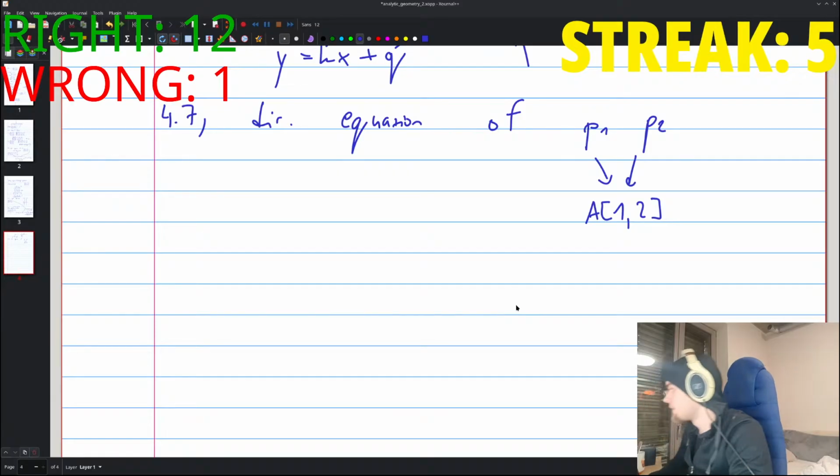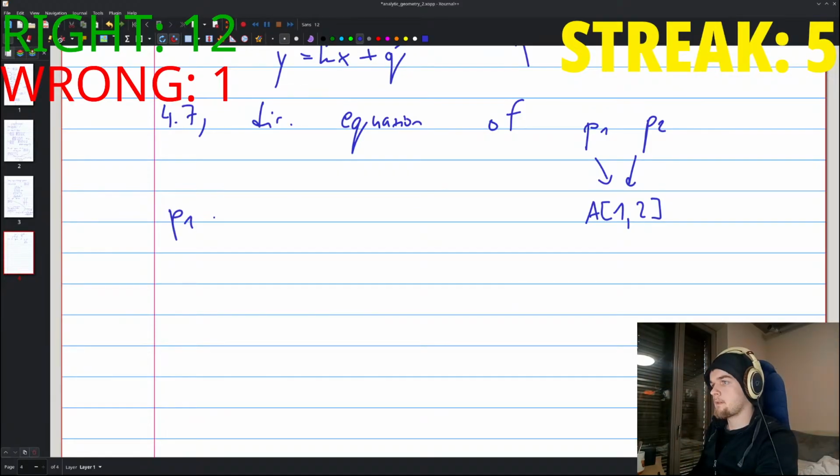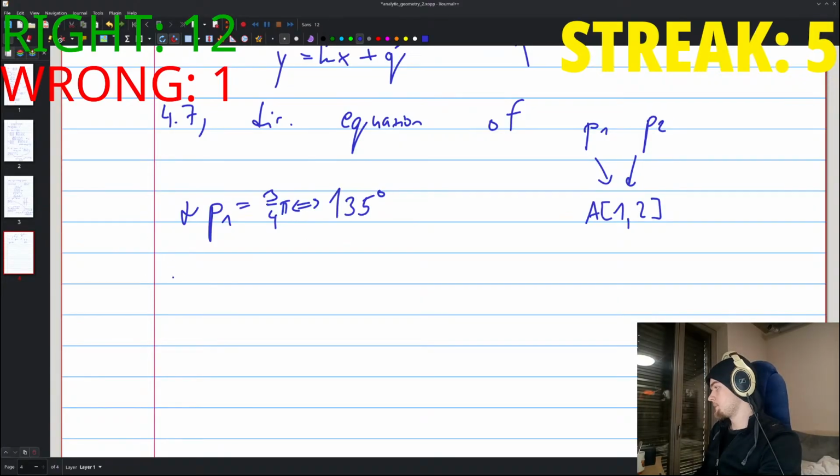The angle of P1 is 3/4 of pi, also known as 135 degrees, and the angle of P2 is pi thirds.